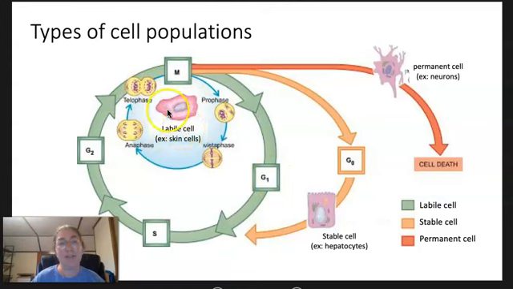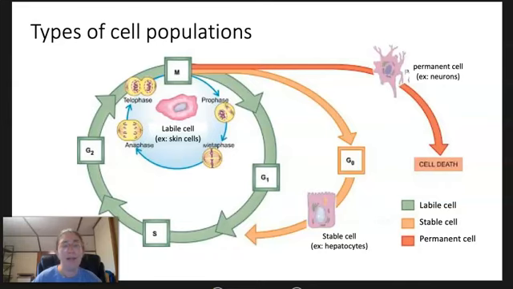There are cells in your body that are designed to be in this cycle, but there's a level of control. The amount of cell division is controlled. Your cells are reproducing as needed. And then there are some populations of cells that really shouldn't be dividing at all.